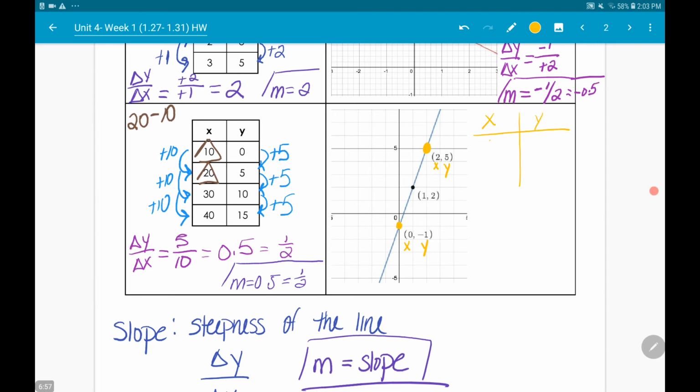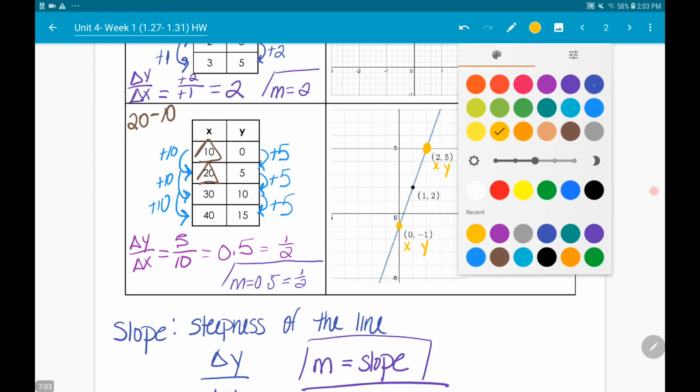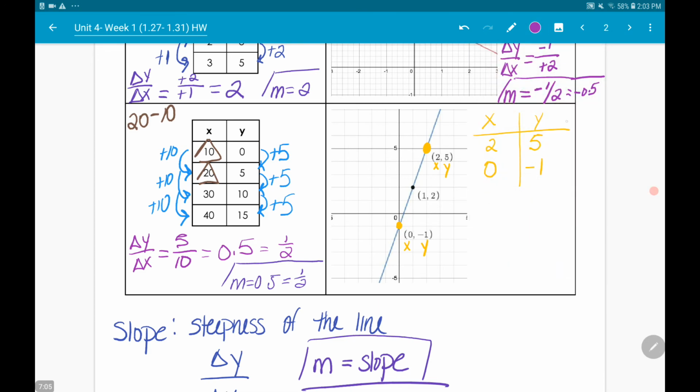So I have 2, 5, and 0, -1. Let's find the change. 5 to -1. This may be one you want to put in your calculator. So it would look like -1 minus 5. That is -6.